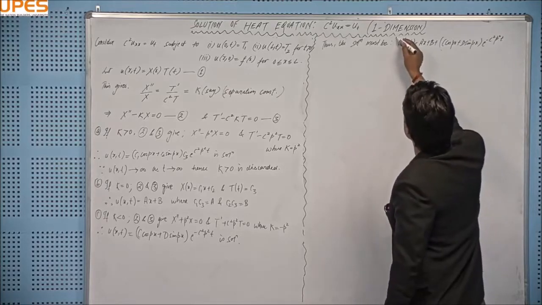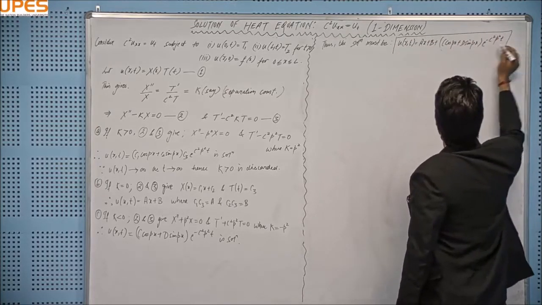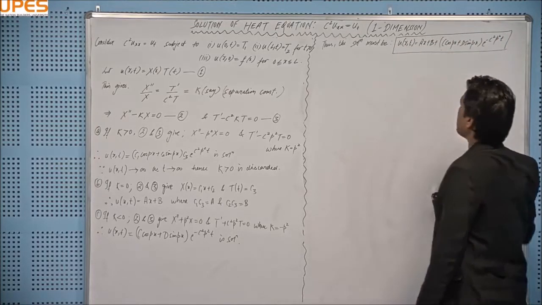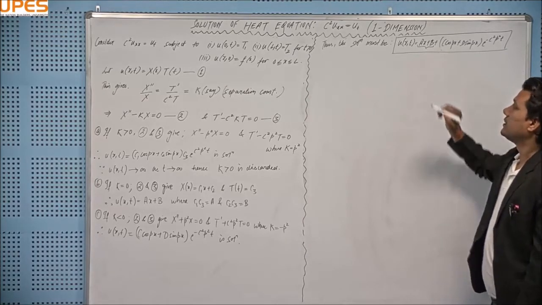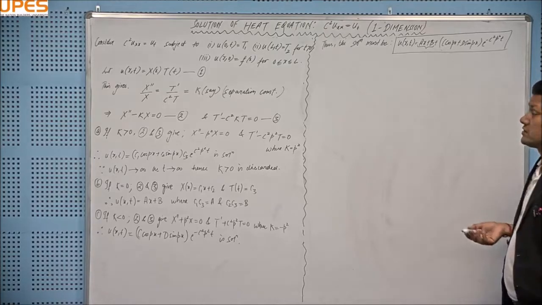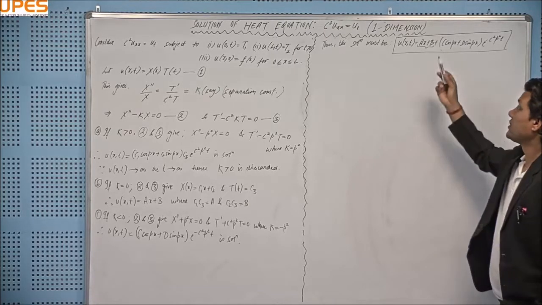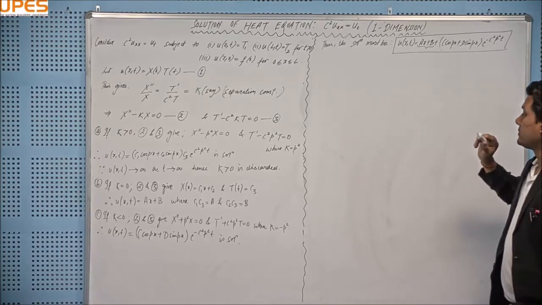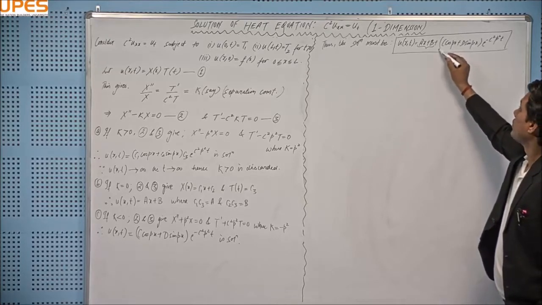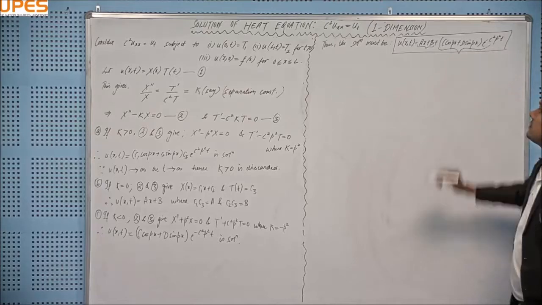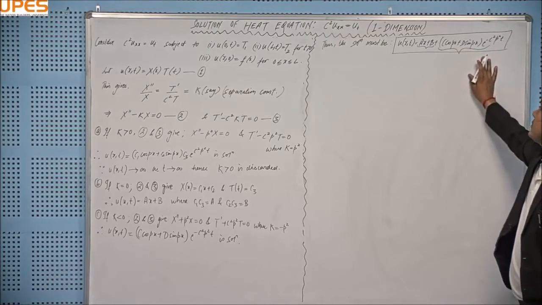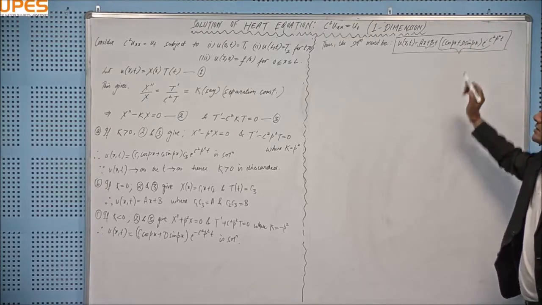And this is the most general solution, you can see that. It is containing this linear function, which is a solution obviously if I choose k equal to 0, and this is the solution for k less than 0. Fine. So this is the complete solution, and it is containing cos and sin terms also.